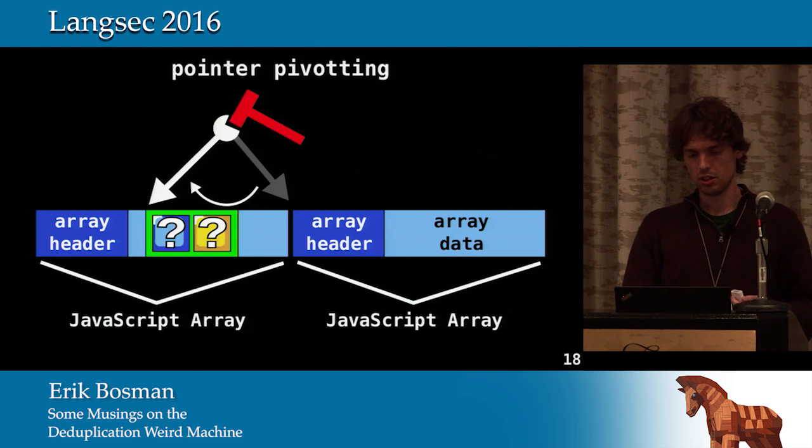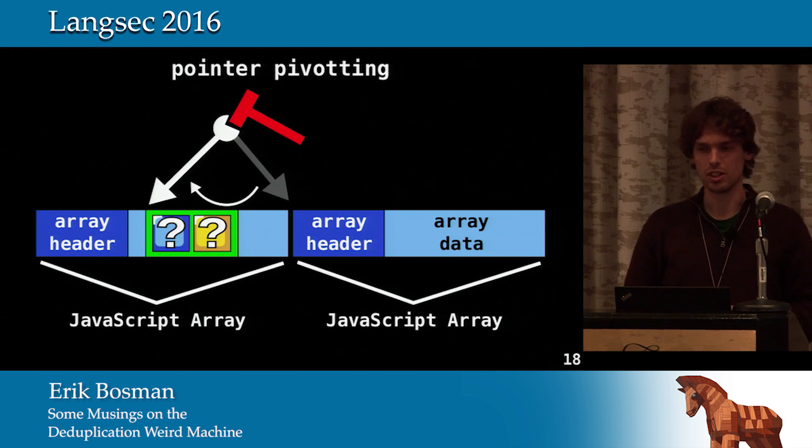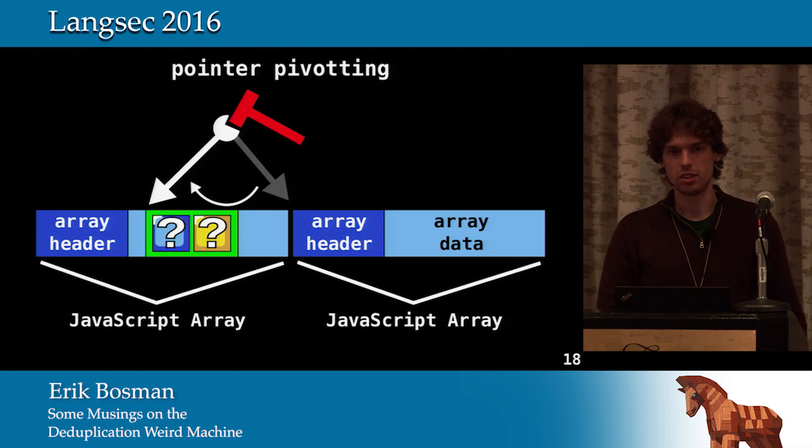Using this bit flip, we can flip, say, a 1 to a 0, and it will point to our fake object. From that, we can escalate to arbitrary read-write.